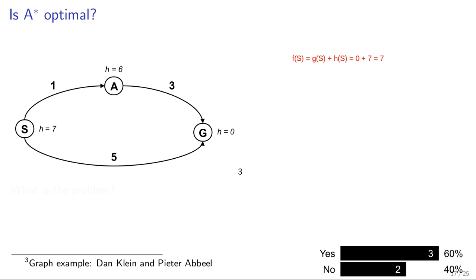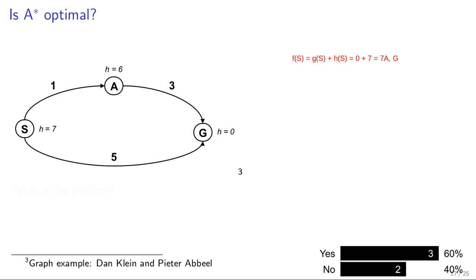And let's also write what is on the frontier. So on the frontier, I had basically S, and I'm expanding it now. So I will be removing it again, and I will go to A and to G, right? So that's the expansion. So A and G will be the new frontier.